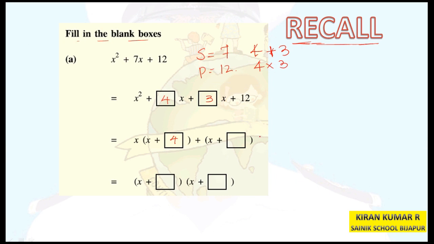So here one more blank was missing. So we have to have this 3 here. So 3 if you take common, we will be getting x plus 4. In the next step, when you group them, if x plus 4 is taken common, x plus 4 into x plus 3.